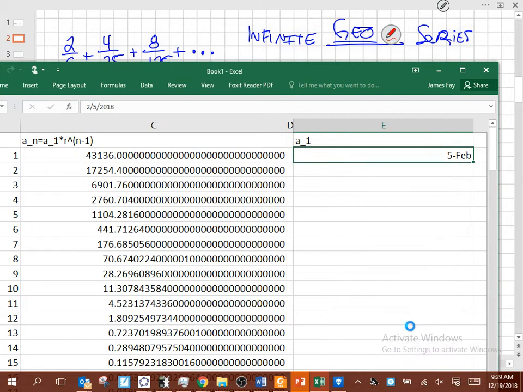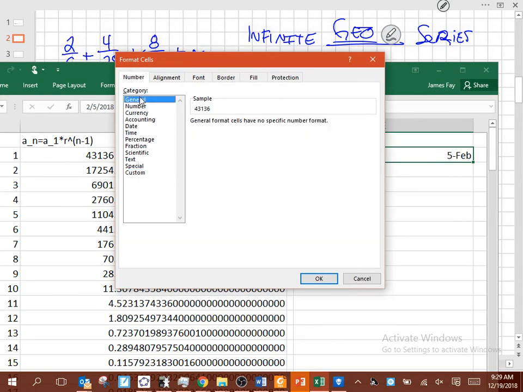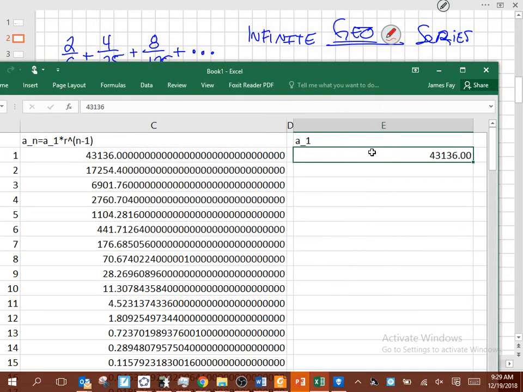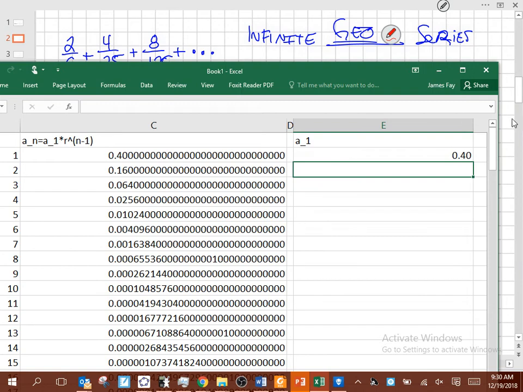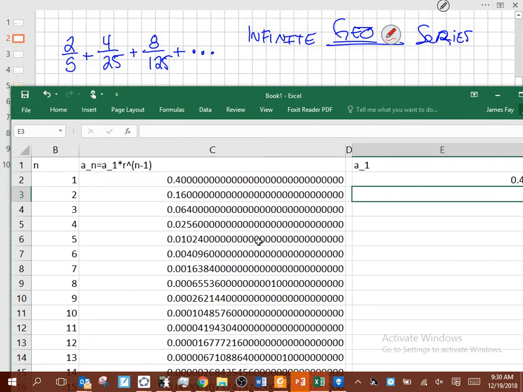That's the one thing I hate about Excel, is that it defaults the cells to non-number cells when you type in fractions. So you have to change that so it understands what a fraction means. So 2/5, there's our 0.4.